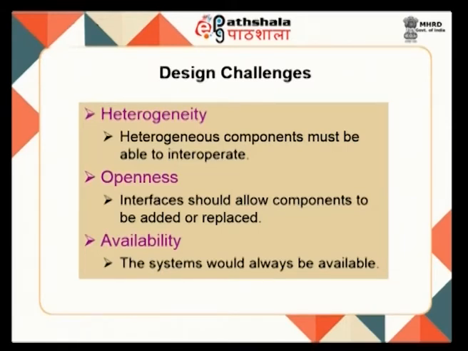So, how they are going to communicate with each other is a design challenge. Openness is a design challenge because the components and the interfaces should be easily replaceable. Availability is a challenge because if a part of the network is down, even then, because availability is a benefit of distributed systems, we have to provide availability to the users.